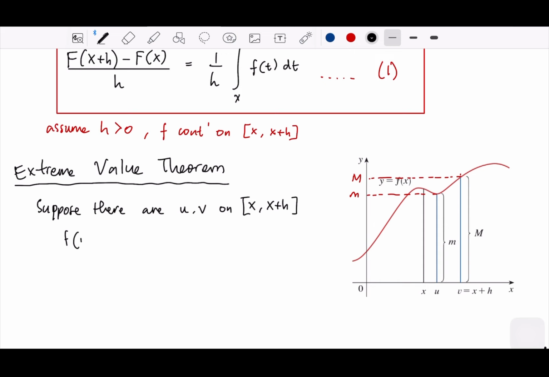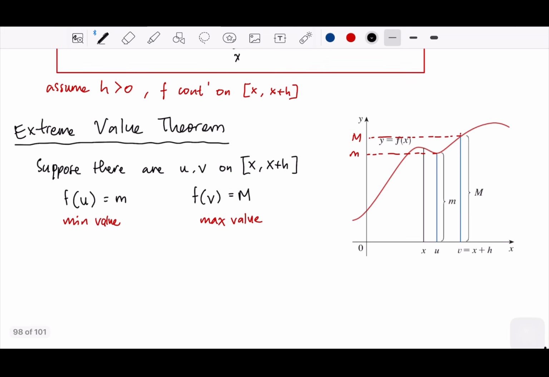So f of u is m and f of v is the capital M. So we say that this will be the local minimum value, or in the interval we say this is the minimum value. And in the interval, this will be the maximum value. And we start by taking the comparison that our function is in between the small m and capital M.